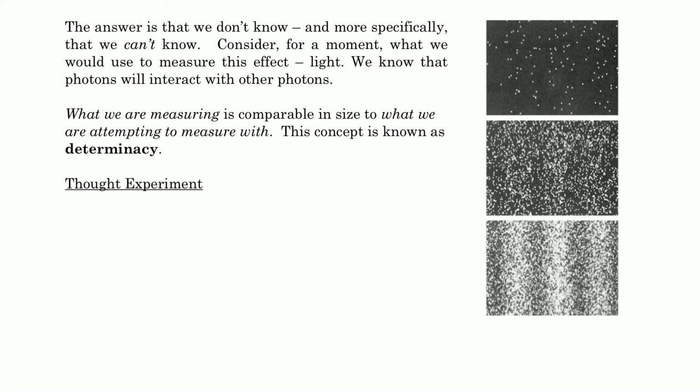So the concept known as determinacy says basically that when what we're measuring is comparable in size to what we're attempting to measure with, we have difficulty coming to any solid answers.